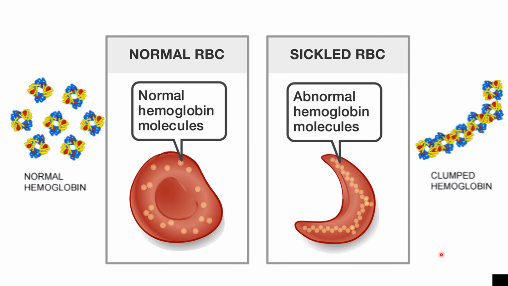If I change the sequence of the DNA, I change the primary structure of my protein, which changes the secondary and tertiary structures, and ultimately leads to a difference on the quaternary structure level. And that's why these red blood cells have such a funky and unhelpful shape.